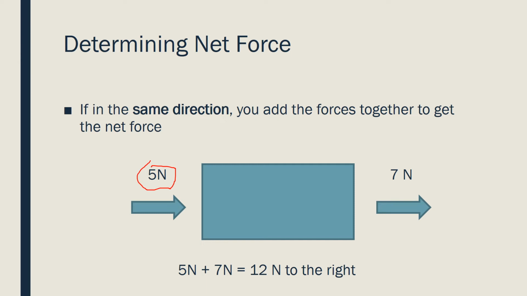We also have a 7 Newton force on the other side that's pulling it to the right. So they're being pushed and pulled in the same direction, but there are 2 different forces. This would be like if you had one person trying to push a heavy object on one side while the other person is trying to help them by pulling it on the other. So you add them together because they're in the same direction. So 5 plus 7 gives you 12 newtons to the right. So you describe it with the size, which is 12 newtons, and you describe it with the direction, which is to the right.